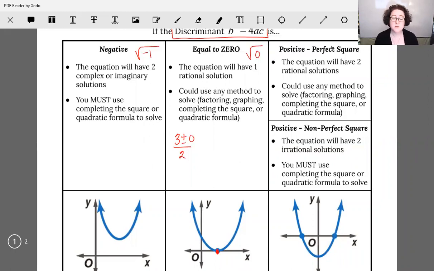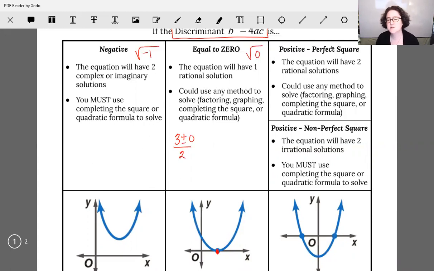You could use completing the square, or even just isolate your x squared, because usually these values are just moving left or right, not up or down, and that definitely simplifies the quadratic equation we're working with.